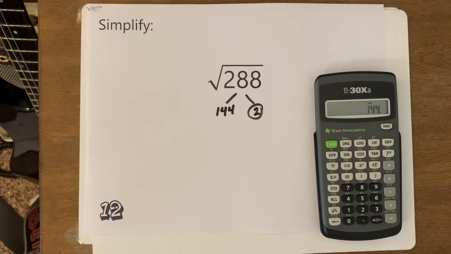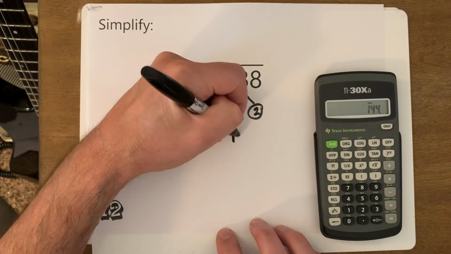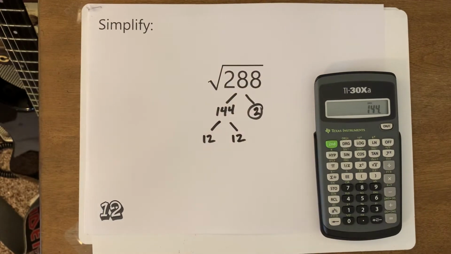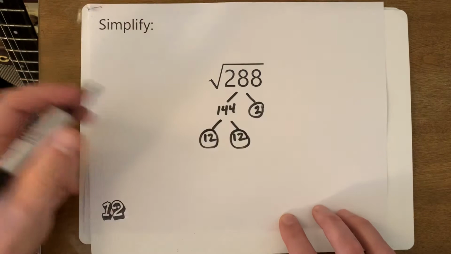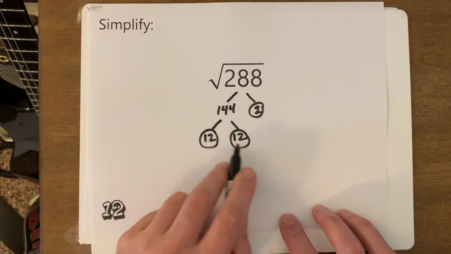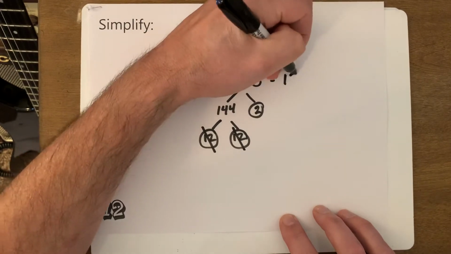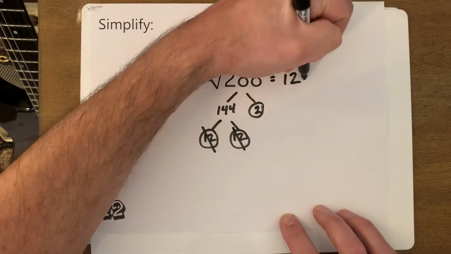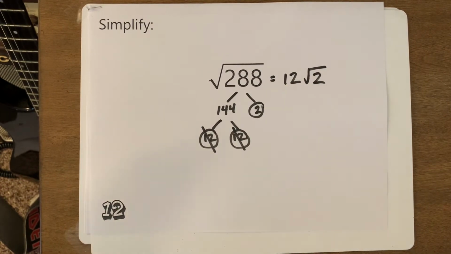Now, if you know your perfect squares, then you know that 144 is actually 12 times 12, and that just makes life easier. So I can just go with 12 and 12, even though they're not prime. It's a pair. The two 12s come out as a single one on the outside, the 2 still is left on the inside, and it's 12 root 2.